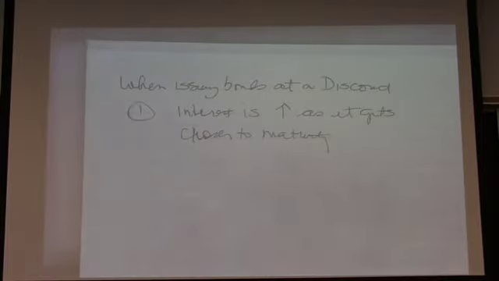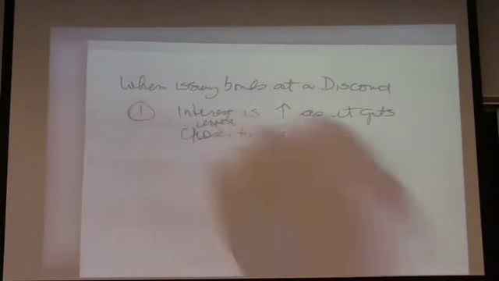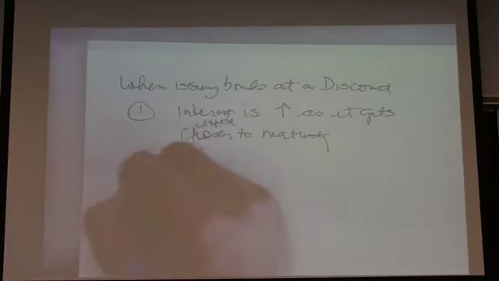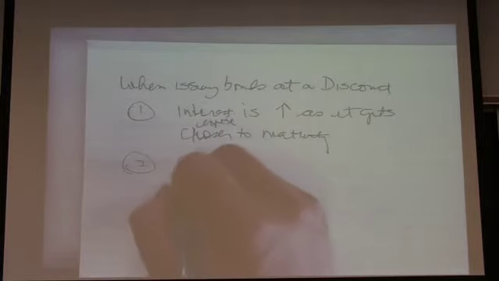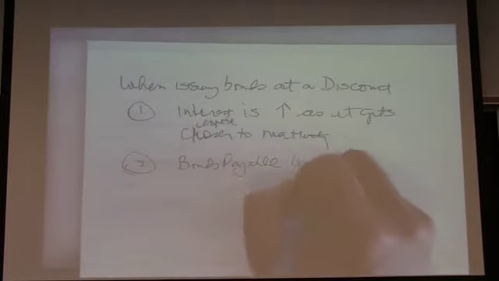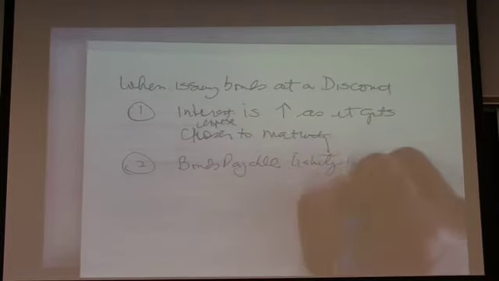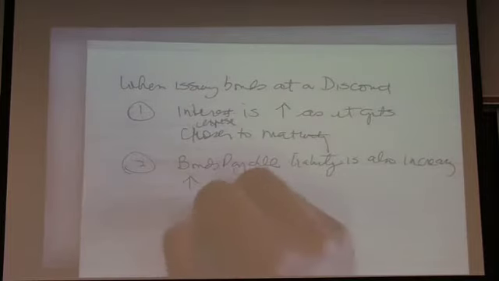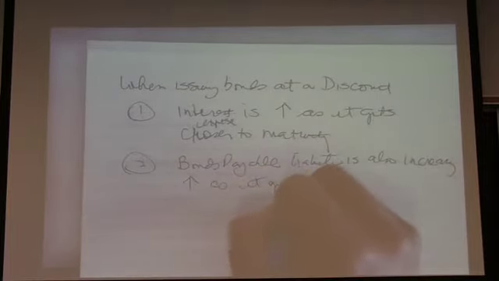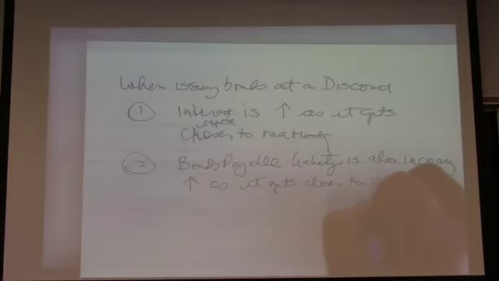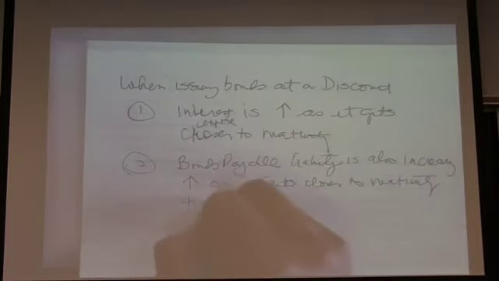Now notice this is opposite to the premium, right? So interest expense is increasing as it's closer to maturity, and the bonds payable liability is also increasing as it gets closer to maturity, to 100,000.